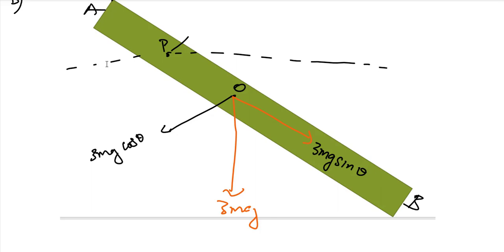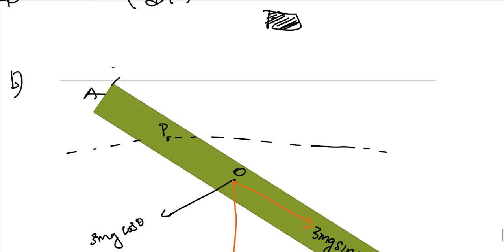And so on the point of application here, we have our reaction force. So I will call this y, and I will call this x. So we are looking for the magnitude of the reaction force.